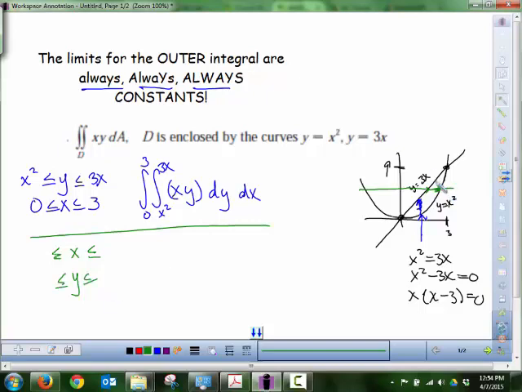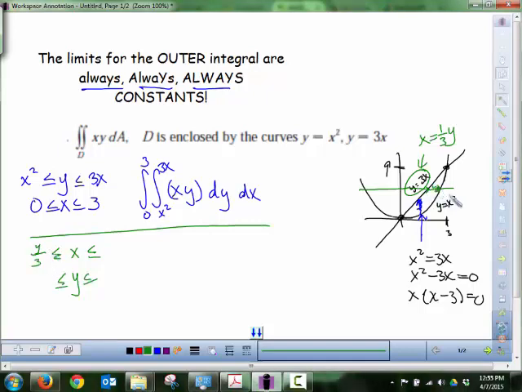I get into my region through the relationship y is equal to 3x, but I need an x. x is my dependent variable there, so I need to solve for x here. x is equal to what? y over 3. So that would be my lower limit.